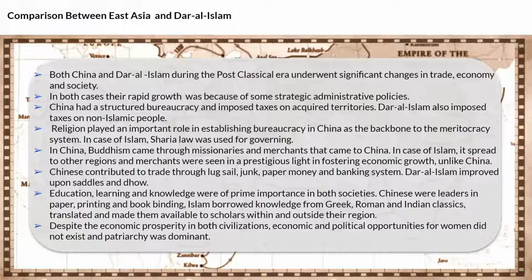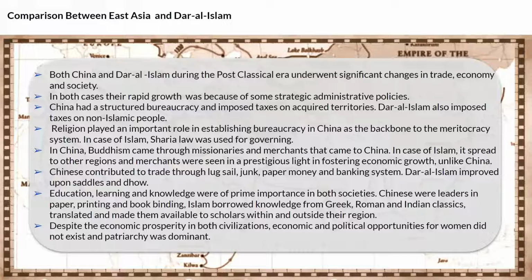Both China and Dar al-Islam during the post-classical era underwent significant changes in trade, economy, and society. In both cases, their rapid growth was because of some strategic or administrative policies. China had a structured bureaucracy and imposed taxes on territories.